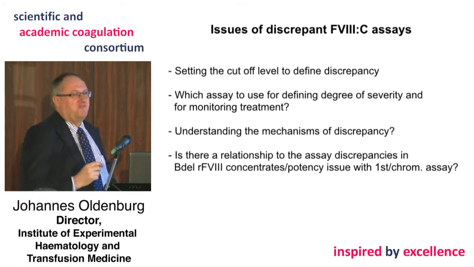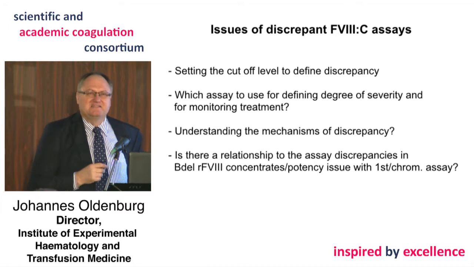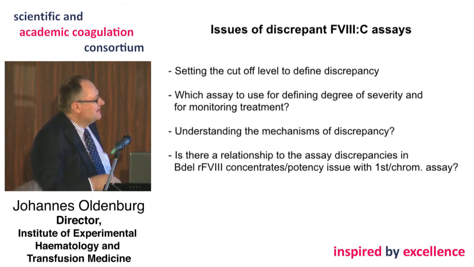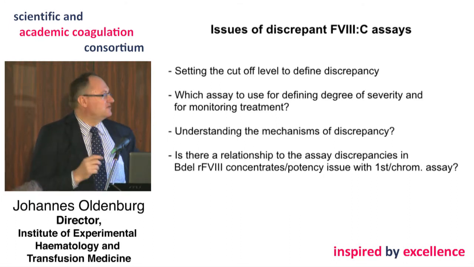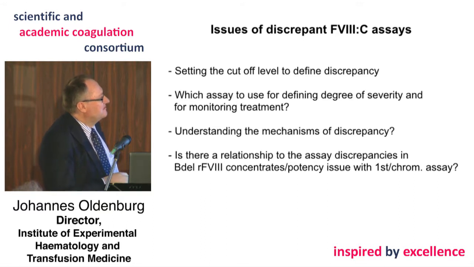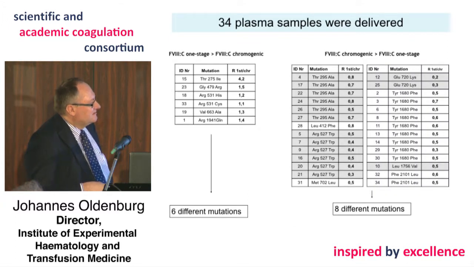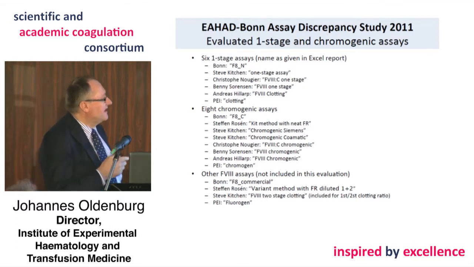And we have performed a small study that was supported by the EAHAD Society with about 6 labs, very experienced labs with respect to assay, all expert labs from Bonn, the Paul-Ehrlich Institute, Sheffield, Steve Kitchen, Malmö, Andreas Hillarp, then Stephen Rosen, who's developing those assays himself, and Claude Négrier from France.